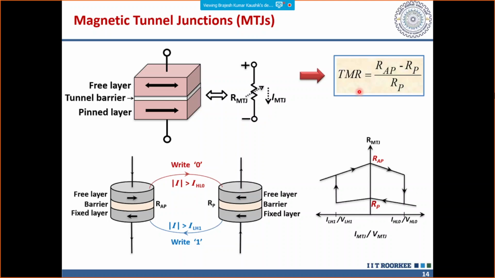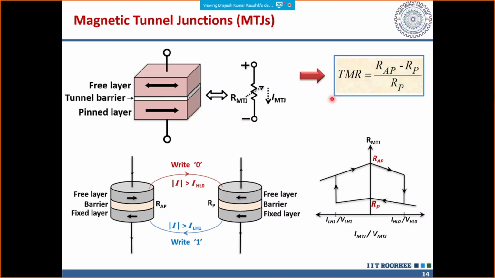So TMR is almost similar to what you do with the GMR, RAP minus RP by RP. But one of the best things about these MTJs is that you could come up with very small size with a TMR ratio of around 100%. People could land up with even more than that. Typically, your TMR ratios as of date are something like 200 to 500%. So that is really good enough.